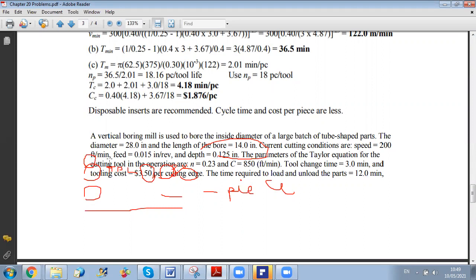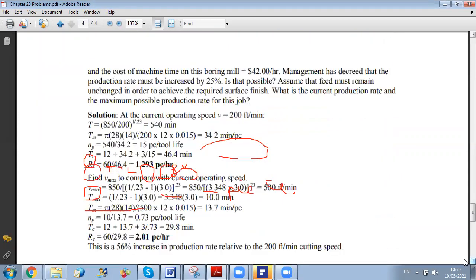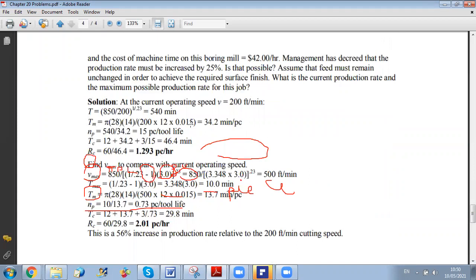In case I have the speed in feet and the other parameters in inches, I should convert feet to inches. So I should multiply the speed by 12. It will be 200 times 12 times 0.015. This is V, and when we multiply by 12, it's just to change its unit from feet per minute to inch per minute. Then all other measures are in inches.